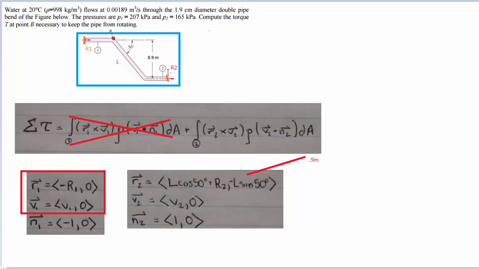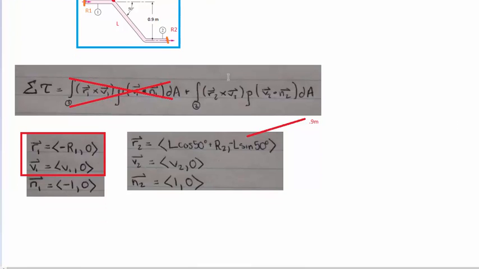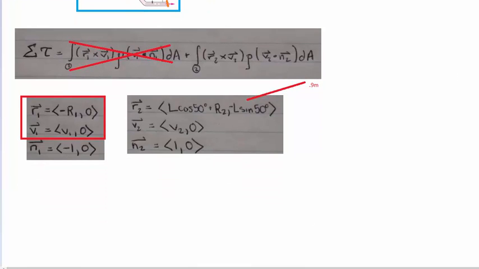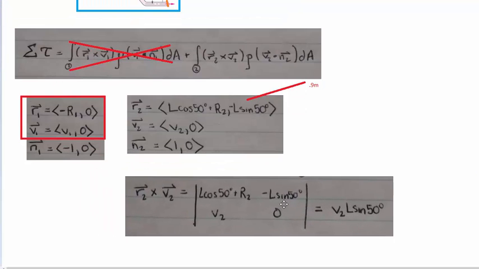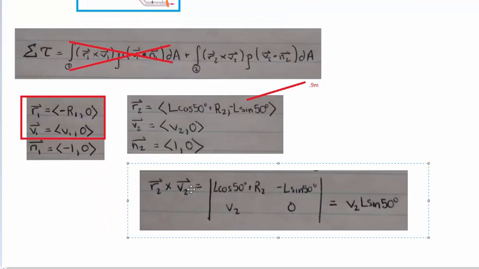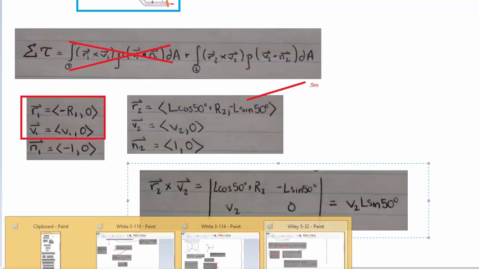And of course the velocity is just going straight out in V2, and the dot product is going to simply be V2. So now let's compute those operations over here in our vector equation, and this is what we're going to get. This expression over here, you could do the math here if you want.